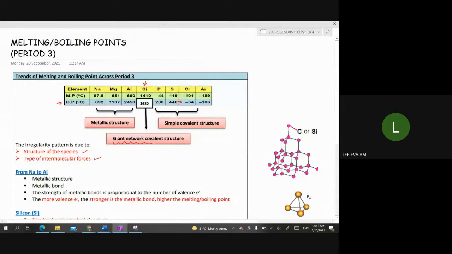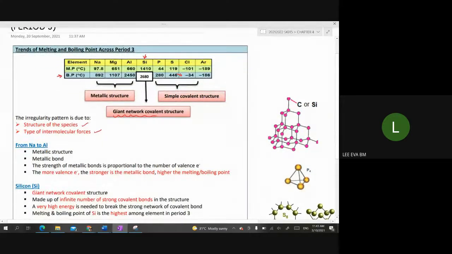So first of all, look at the metal first. Sodium to aluminium, just now we talked about how the strength increases, right? According to the valence electron or the size. From sodium to aluminium, first of all, we have metallic structure. So very easy. When you have metallic structure, you will have the metallic bond. The strength of the metallic bond is proportional to the number of valence electrons.